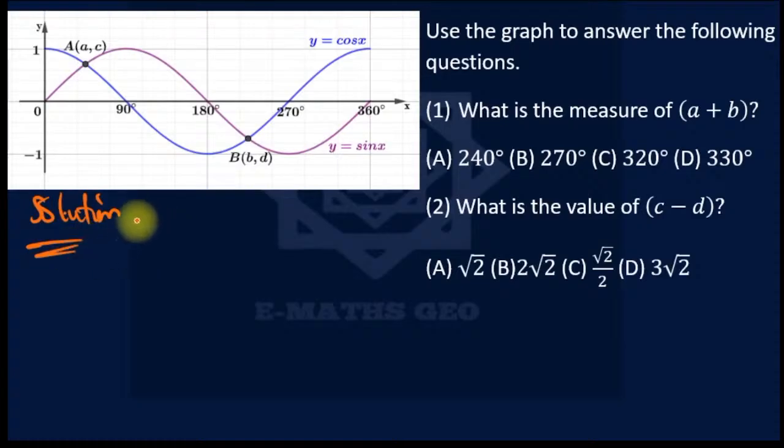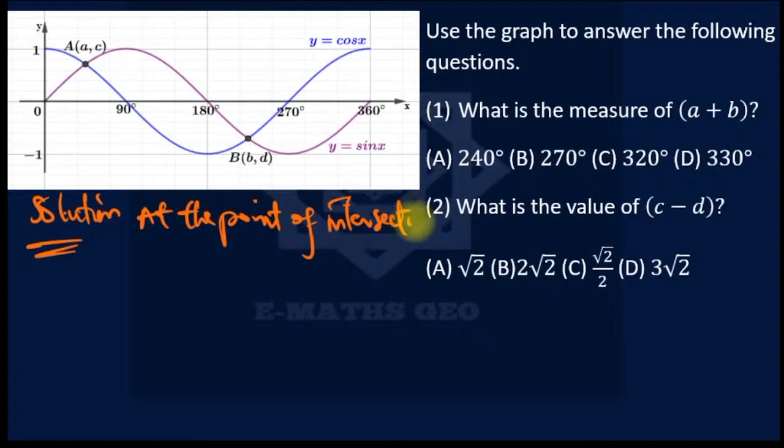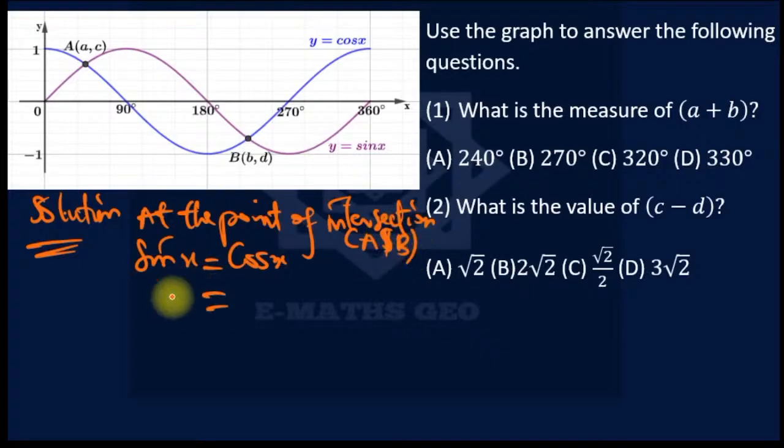At the point of intersection, sine x is equal to cos x. Yes, so at A and B, the two graphs are equal. So solving this, dividing both sides by cos, I have sine over cos, which is 1.